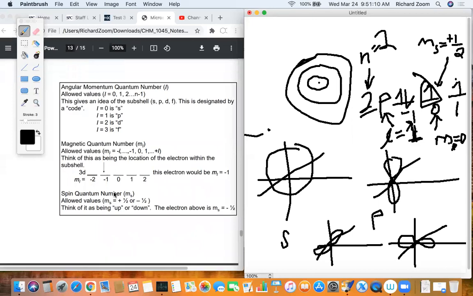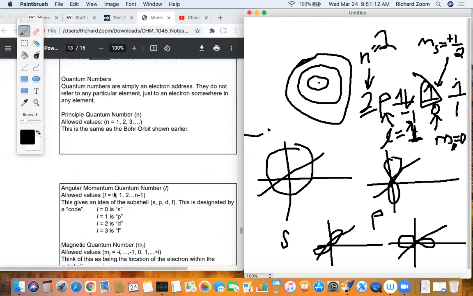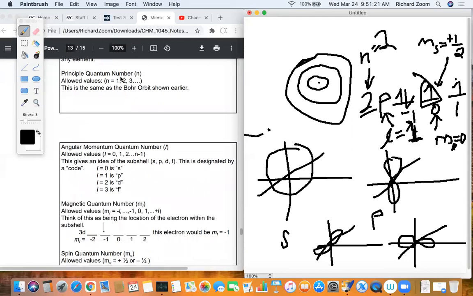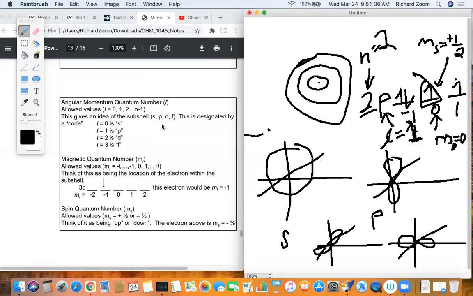So we can go back and take a look here at the allowed values in order to determine whether these sets are actually going to give a valid electron address or not. So in the case of the principal quantum number n, we can go from 1, 2, 3 up to infinity. As I told you, that's the Bohr orbit. It's the first number here in the electron configuration that tells you the n value.